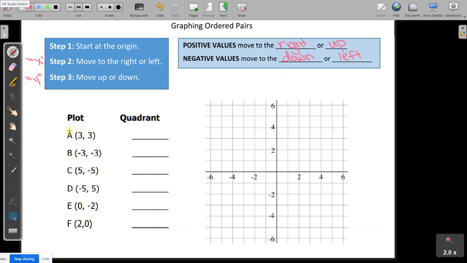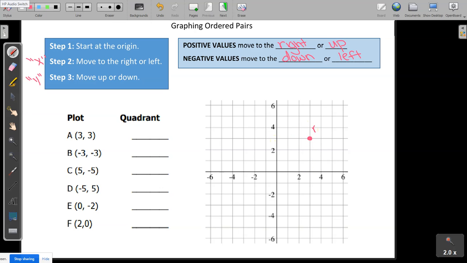So we have the point 3, 3. So we start at the origin, we move right 3. And then we move 3 going up. So we have the point 3, 3. The x value here is 3, and the y value here is 3.